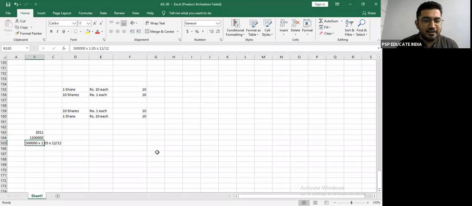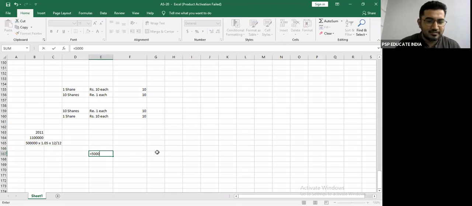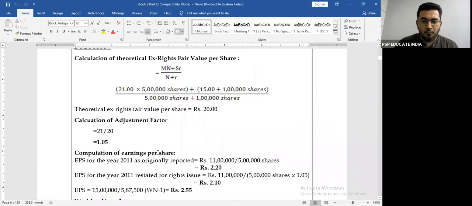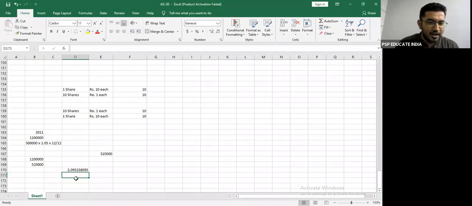So you will take 5 lakhs into 1.05, which comes to how much? 5 lakh 25,000. So you have 11 lakhs divided by 5 lakh 25,000. You will get 2.095. So you can take it as 2.10. Are you getting it? 2.10 is what you will take.